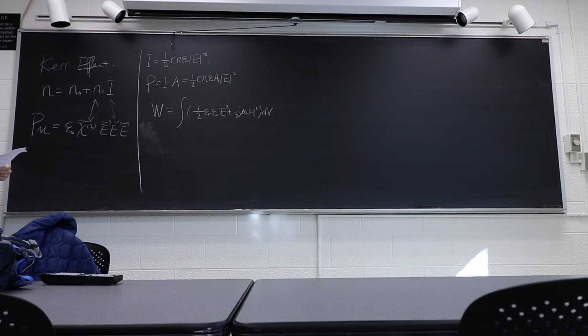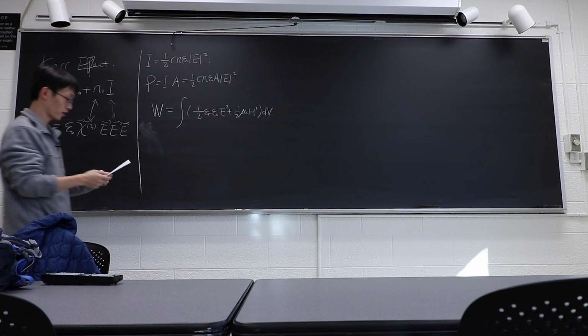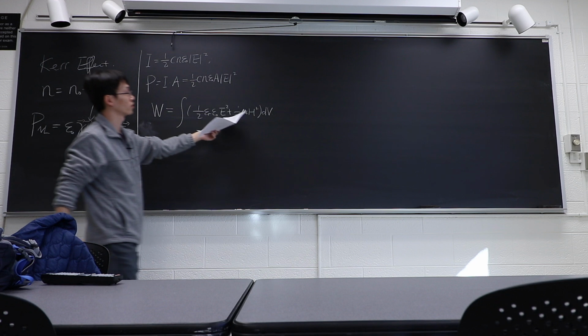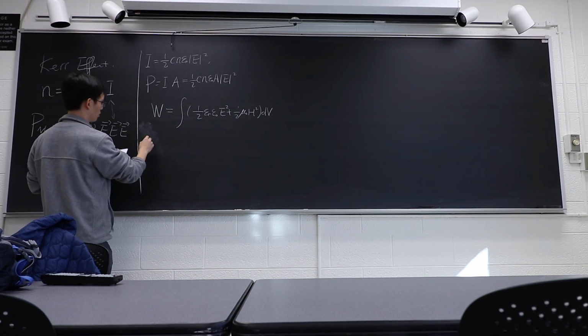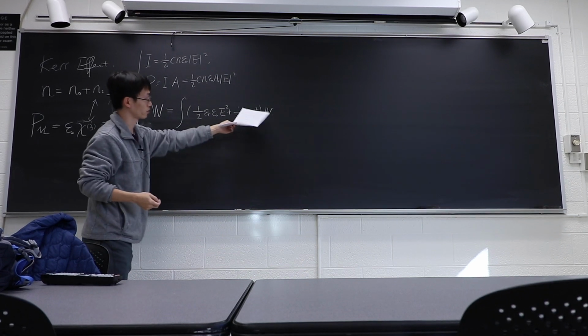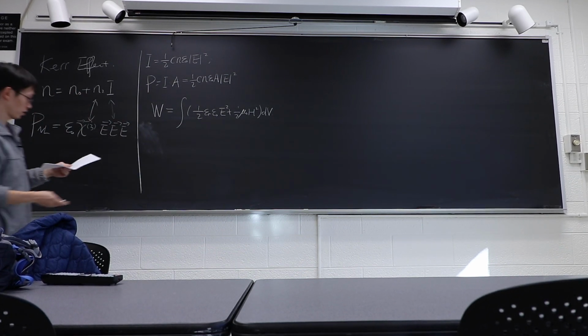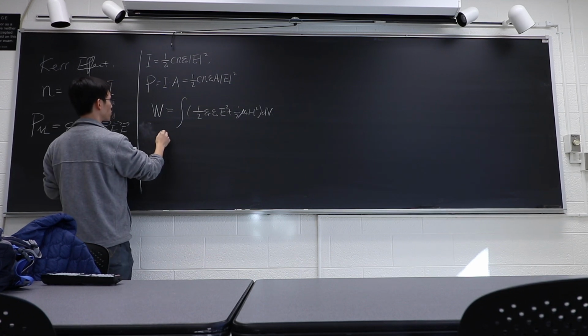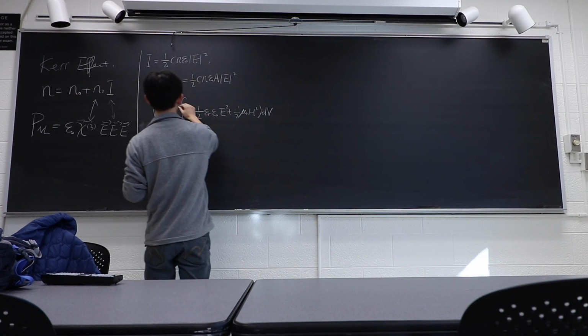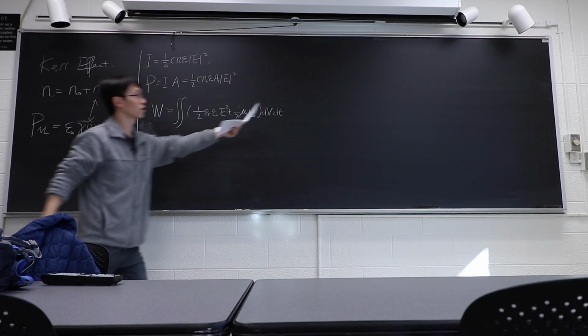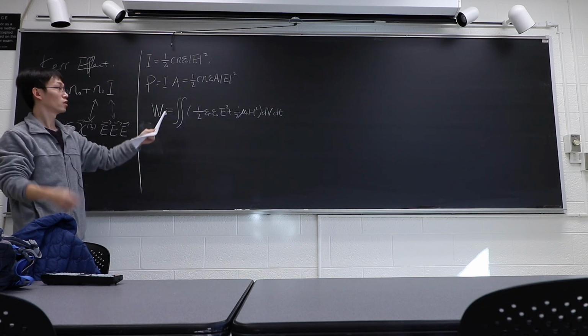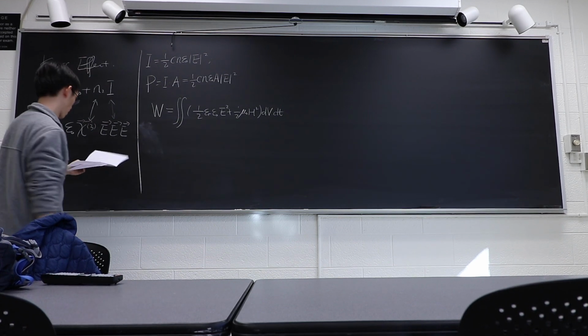The first thing you want to know is that on average, in this integration, the E field and the H field are oscillating with time, right? You're having a cosine or sine, whatever phase you have. So on average, you can also integrate over dt. In a certain time, in a certain volume, this is your energy.